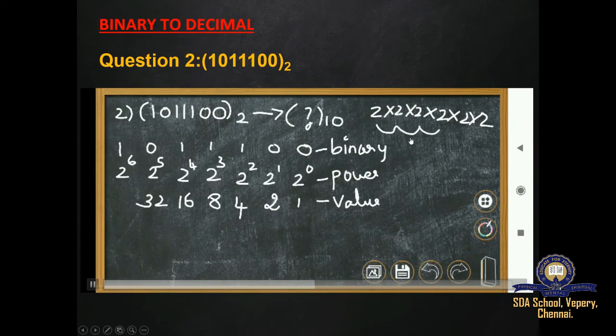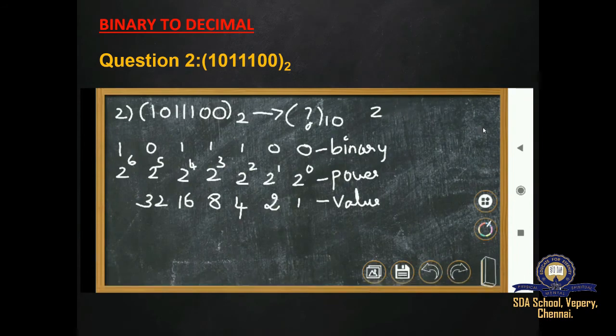So 2 2s are 4, 4 2s are 8, 8 2s are 16, 16 2s are 32, 32 2s are 64. Now we have found the values for the powers. The third step is we have to multiply the value and the binary number.